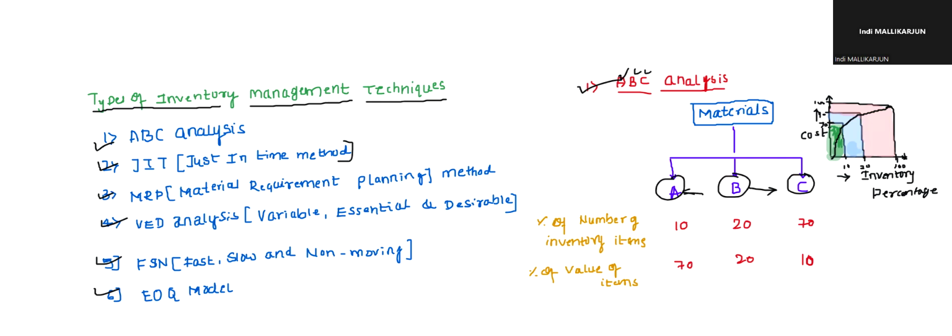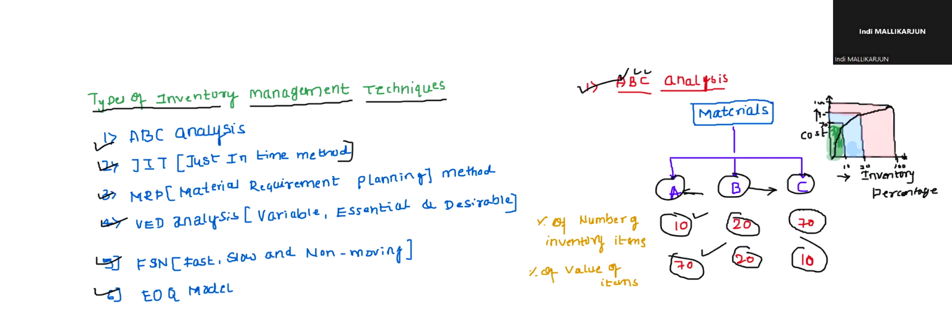Next, the third category is C. Category C materials are vast in number of items, but least in price compared to A and B. Here, the percentage of number of inventory items for A is less, but the price for A is more. Coming to category B, the percentage of number of inventory items is more compared to A, and the price is less.